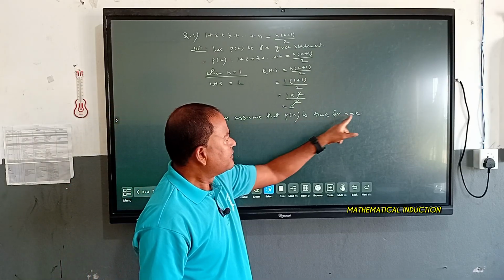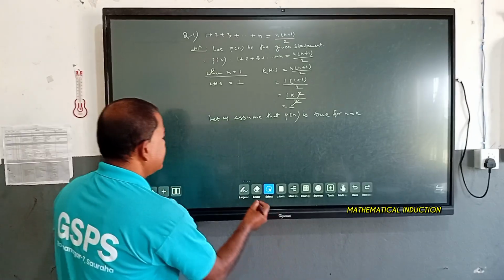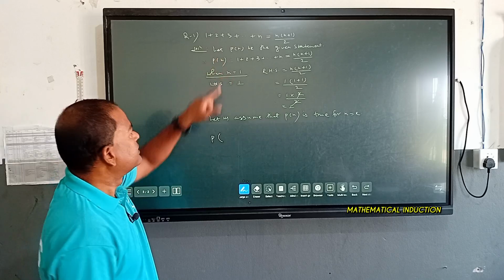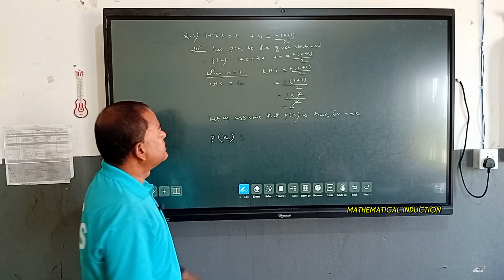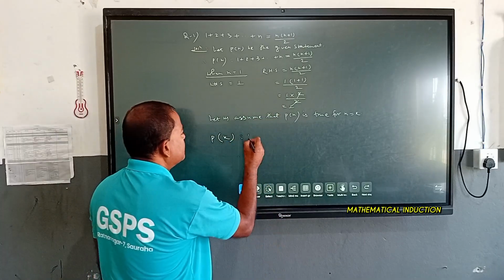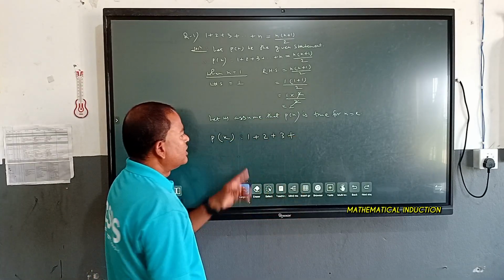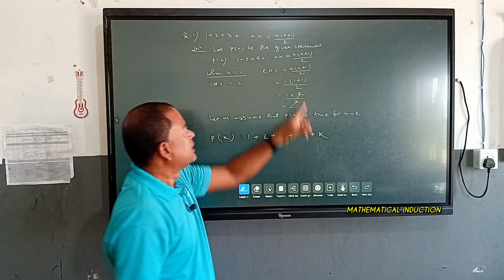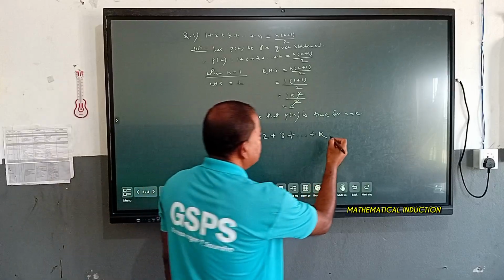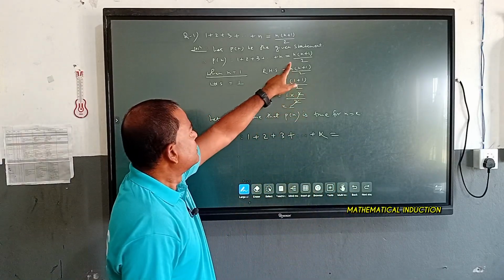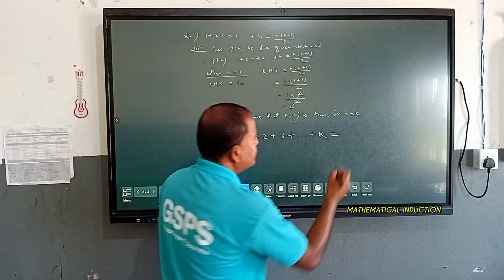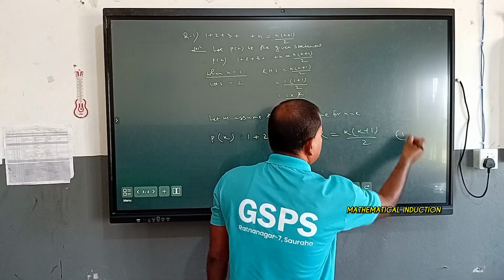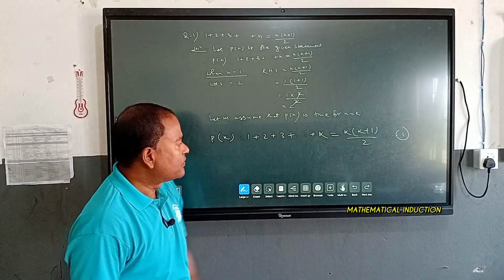Then our statement will be 1 plus 2 plus 3 plus ... plus k equals k times k plus 1 divided by 2, and we suppose this as equation 1.